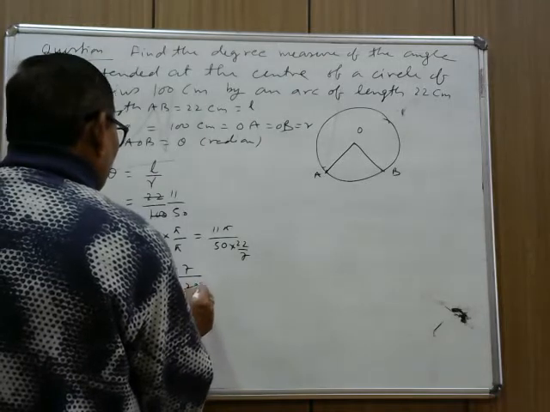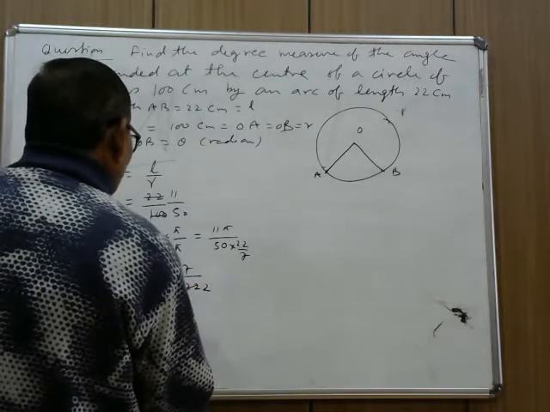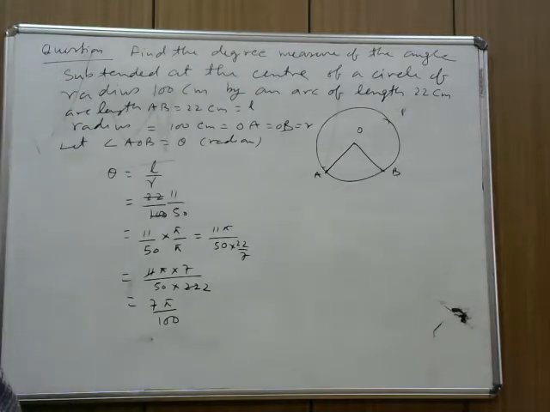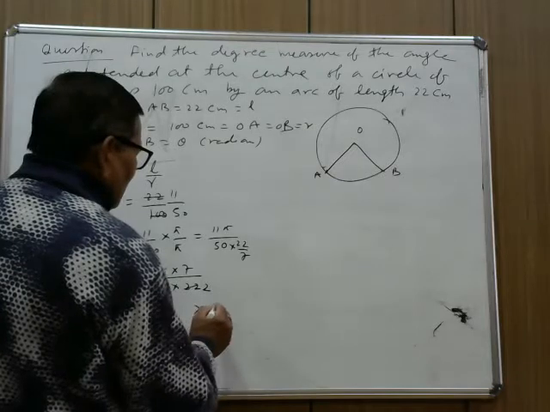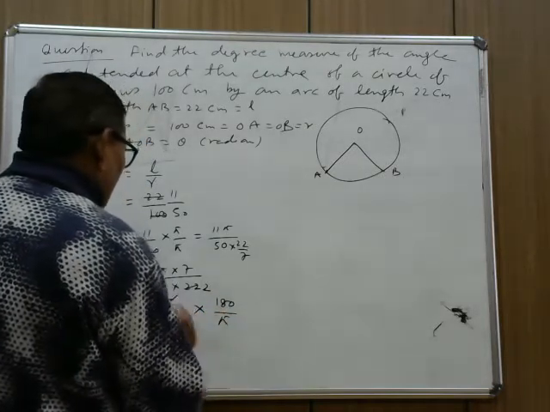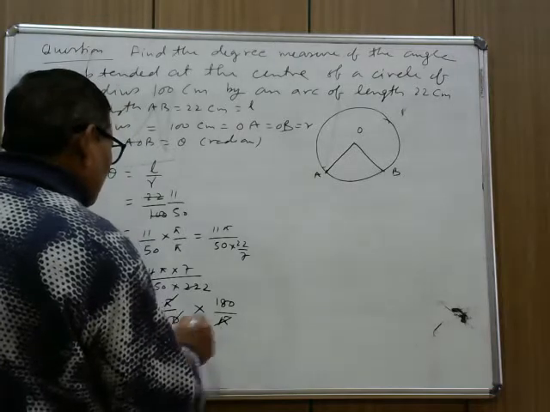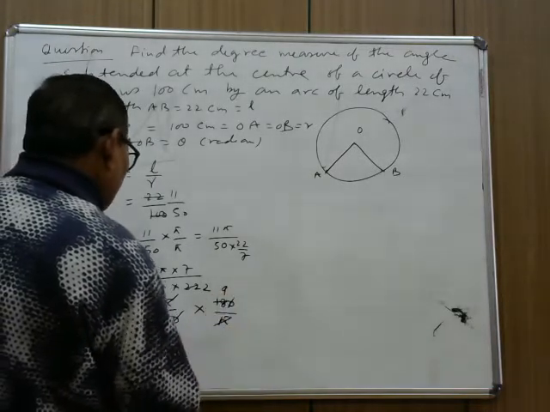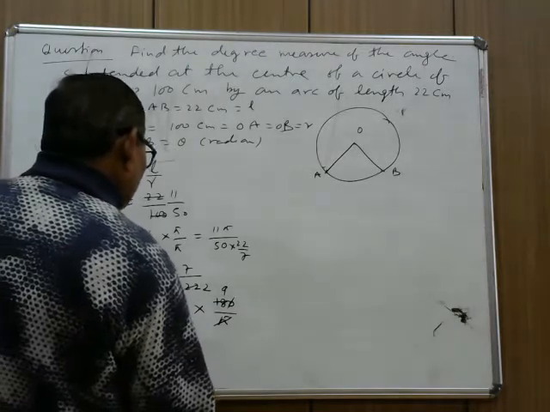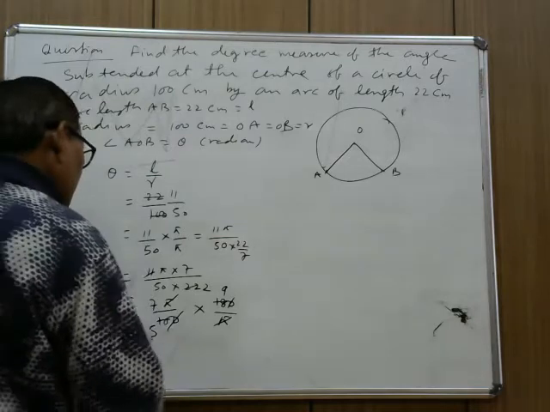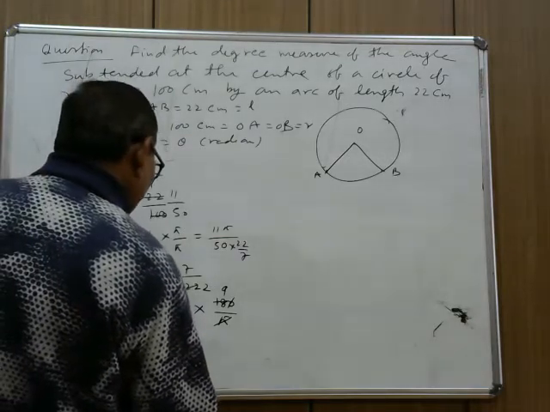So 11 2s are 22. It is equal to 7 pi by 100. Now, in order to change this pi radian into degree, you have to multiply it by 180 upon pi. Your pi and pi will be cancelled. Your 0 and 0 will be cancelled. 2 5s are 10. 2 9s are 18. That is equal to 9 7s are 63, 63 divided by 5.